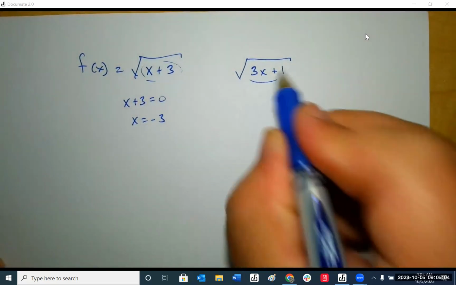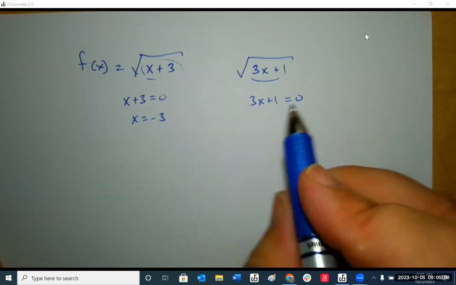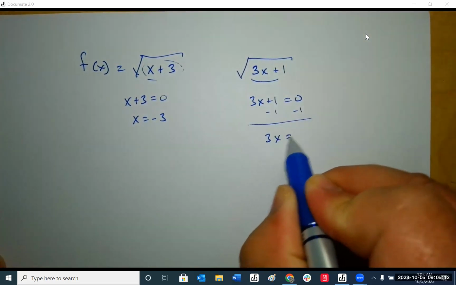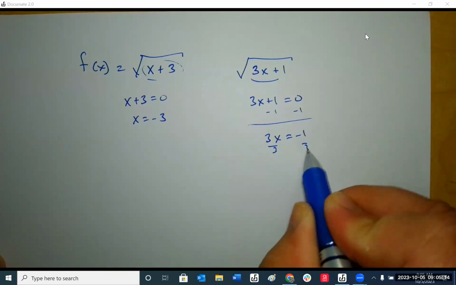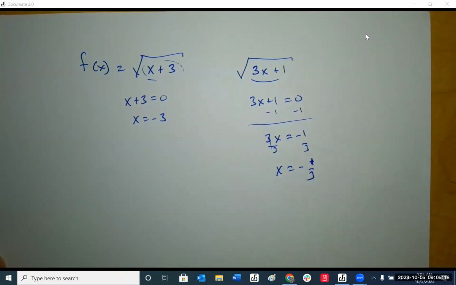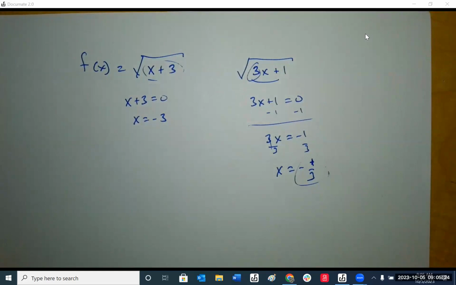If we do the same thing here, then we subtract 1 and divide by 3. So x equals negative 1/3. So this 3 is becoming a fraction. It makes my value 1/3.